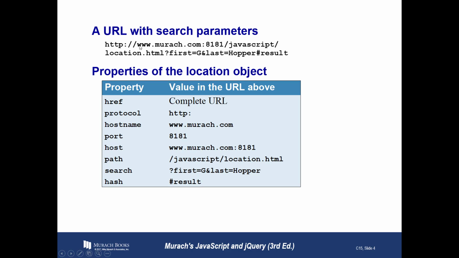The host name is www.murach.com. Really, for the protocol, it's http://, but that's neither here nor there. The port that's being used comes after that colon, so it's port 8181, meaning that when you combine the host name with the port, you get the actual host.